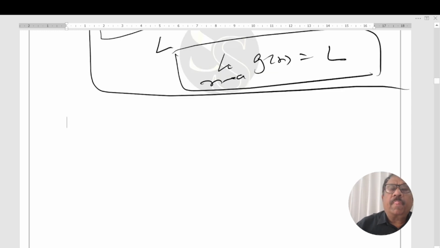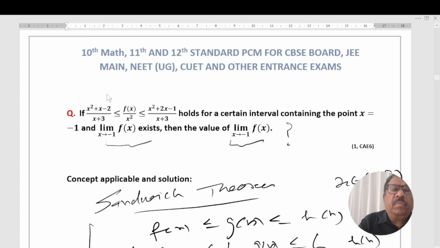Now in this question, f(x) is this one, g(x) this one, h(x) is this one.